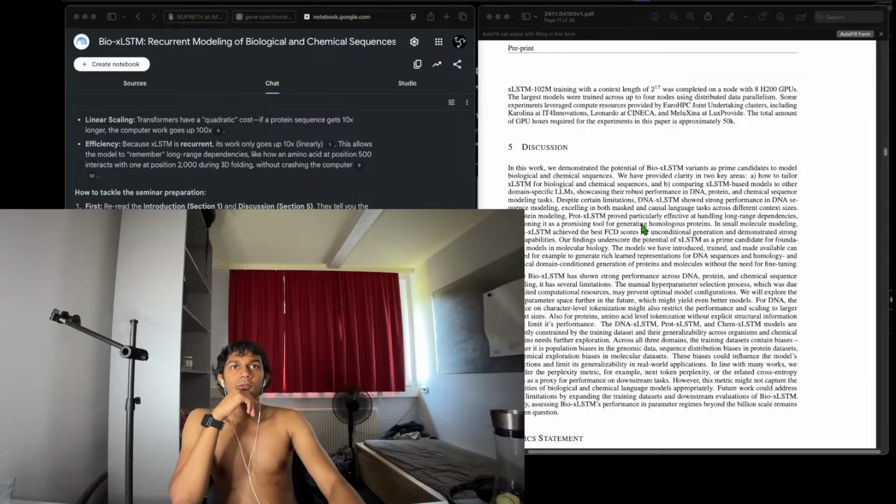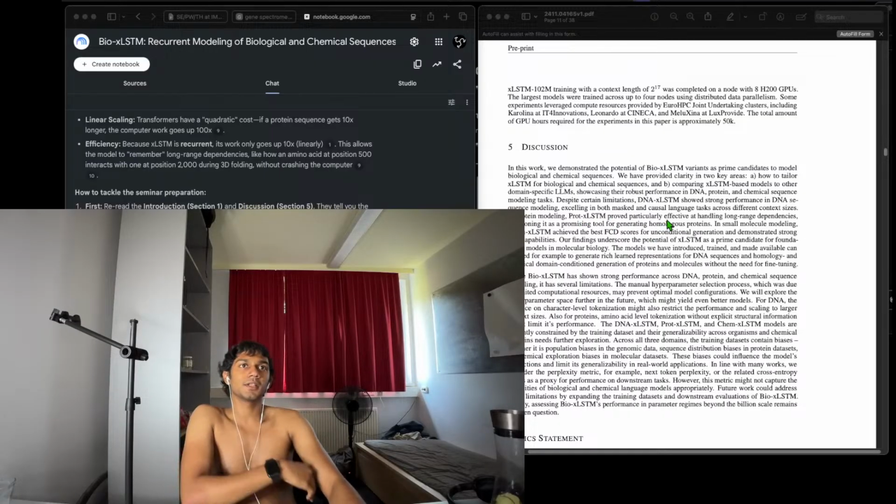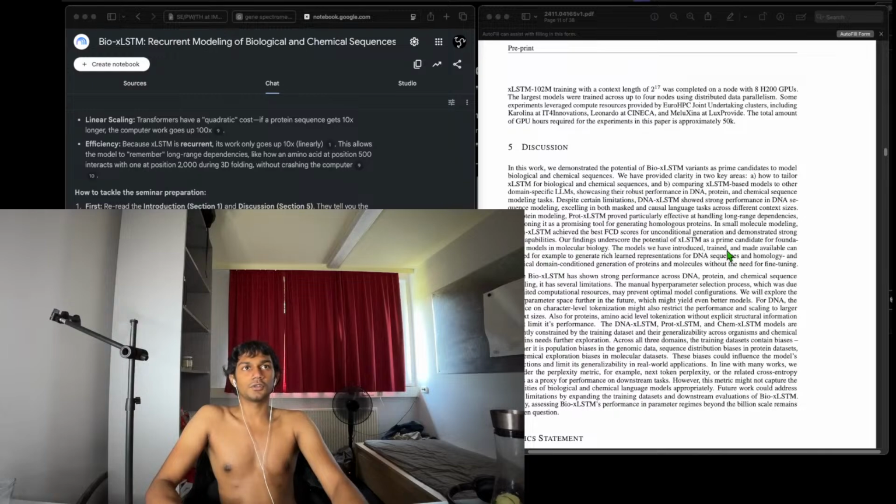Protein-xLSTM proved particularly effective at handling long-range dependencies, positioning it as a promising tool for generating homologous proteins. In small molecule modeling, Chem-xLSTM achieved the best FCD scores for unconditional generation and demonstrated strong ICL capabilities. Our findings underscore the potential of xLSTM as a prime candidate for foundational modeling in molecular biology.